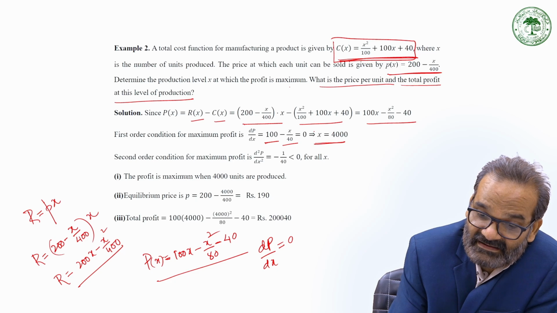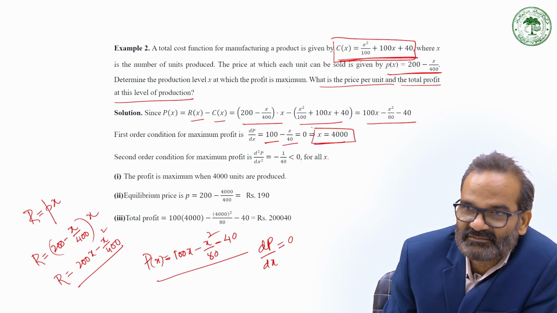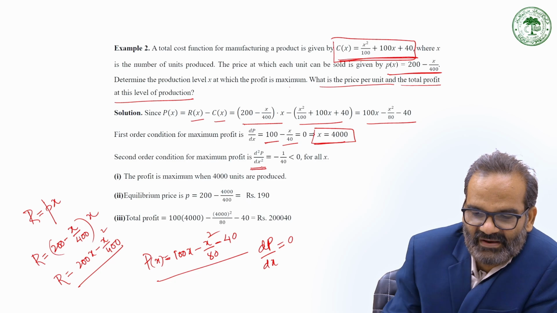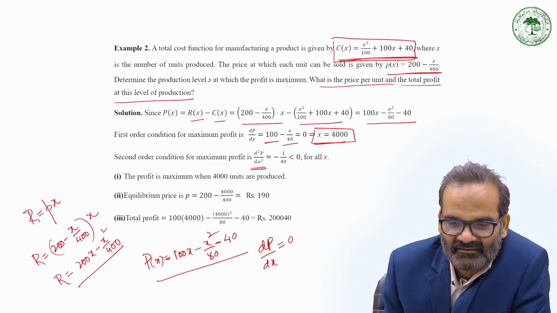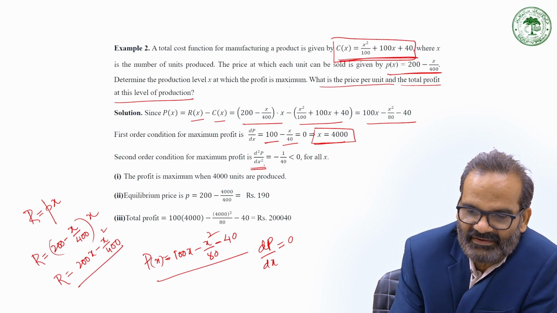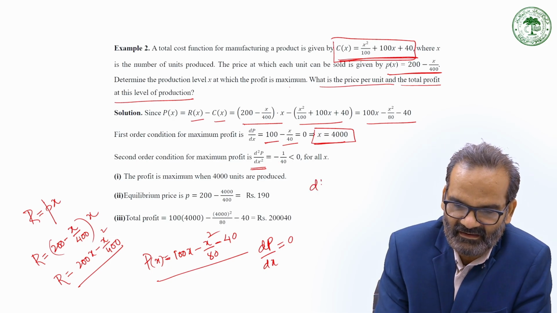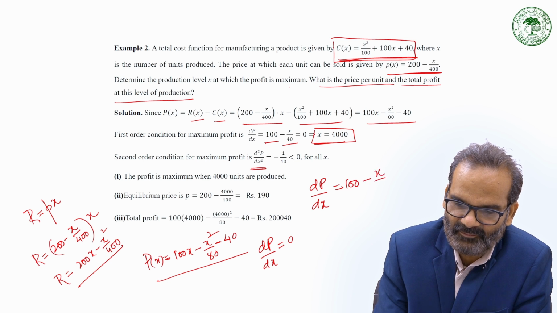So see whether at this 4000 the profit is maximum or not. We will find the second derivative, that is d square p over dx square, right? So d square p over dx square is coming out to be minus 1 upon 40. Naturally, if dp over dx here is 100 minus x upon 40, then its second derivative is what?